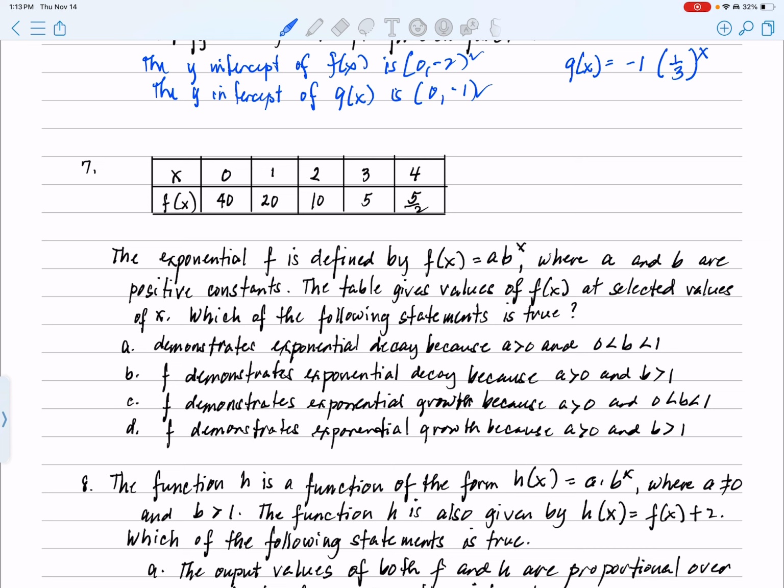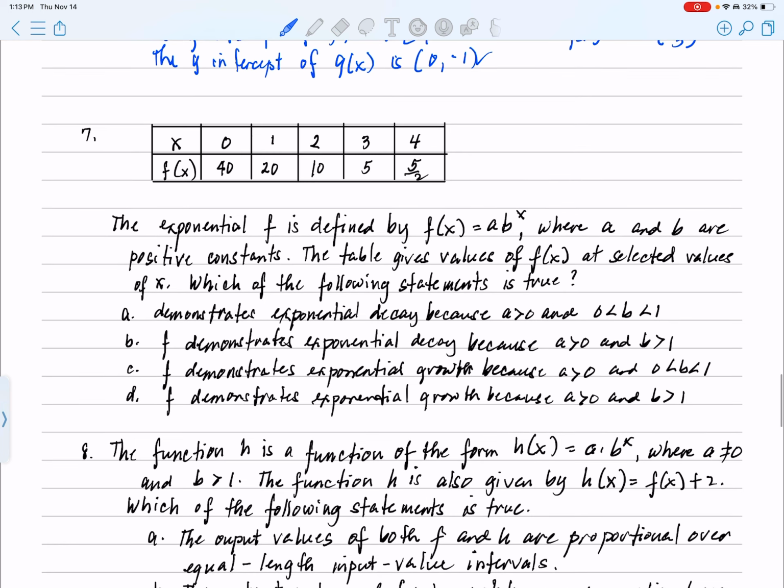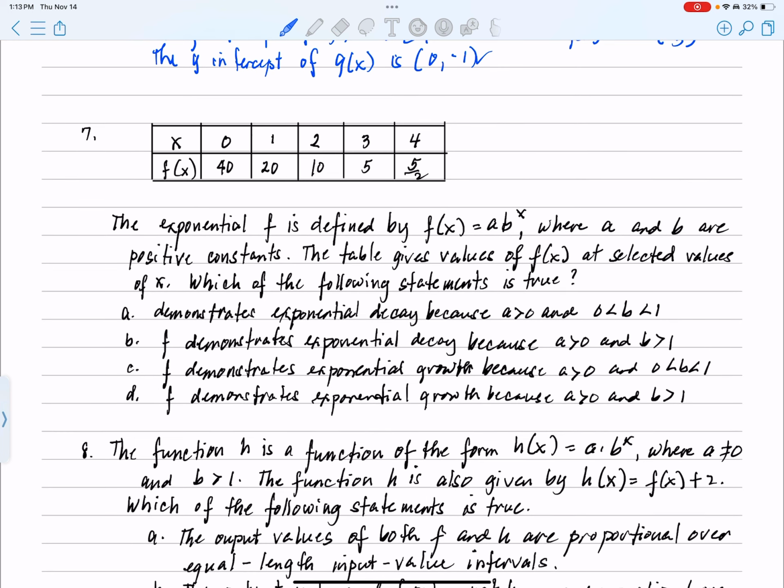The table gives a value of f of x at selected values of x. Which of the following statements is true? Okay, so let's look at this first. If we try to observe A, B, C, D, two say exponential decay and the other two say exponential growth.